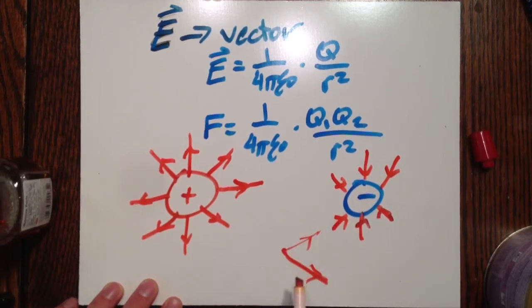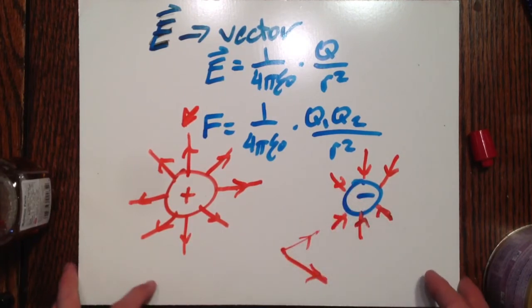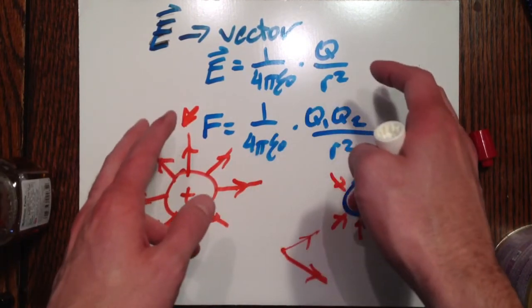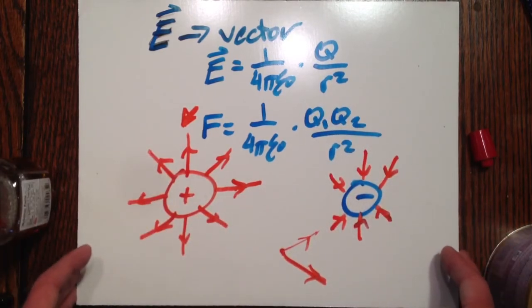I would add the two vectorially just like we did with our electric force problems. So you can add electric field vectorially, just like you can add electric force vectorially. Okay.